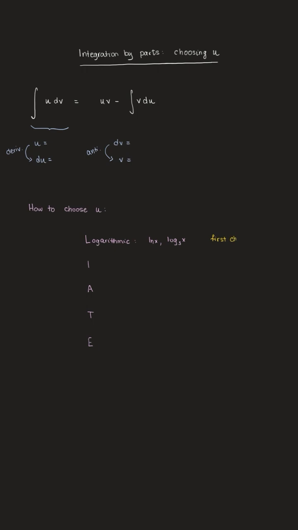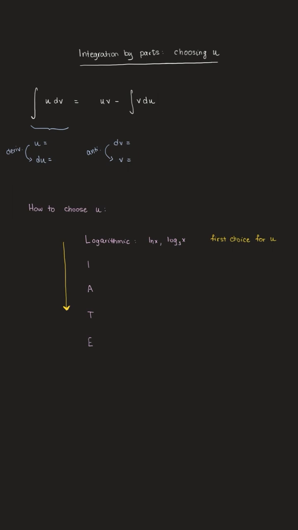That's your choice for u. So if you have a log function, that is your assignment for u. So the order of choice is going to go down this acronym. The order of choice only for u. After you choose u, whatever else is left in the integrand will be dv.